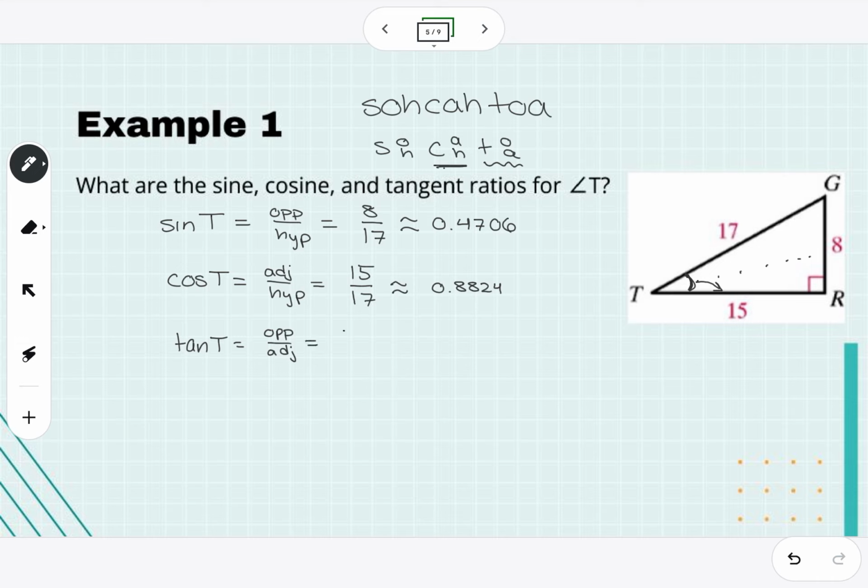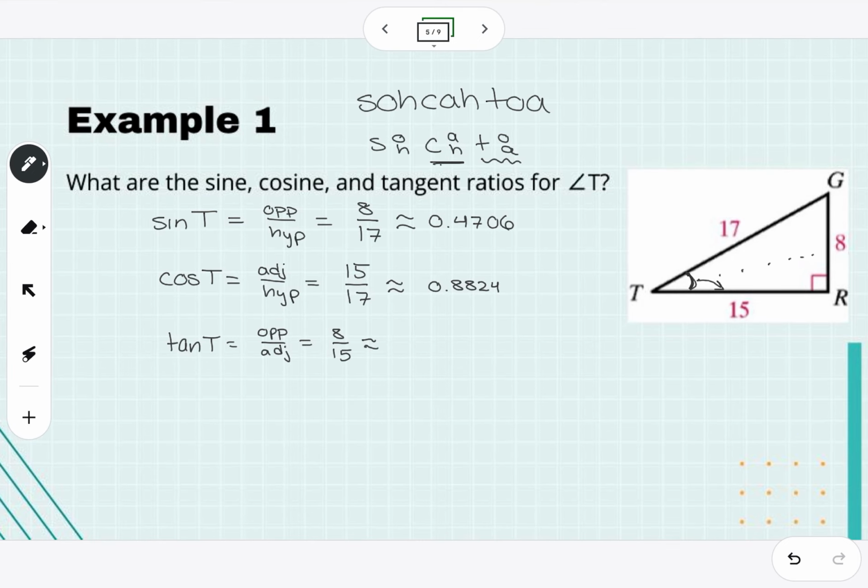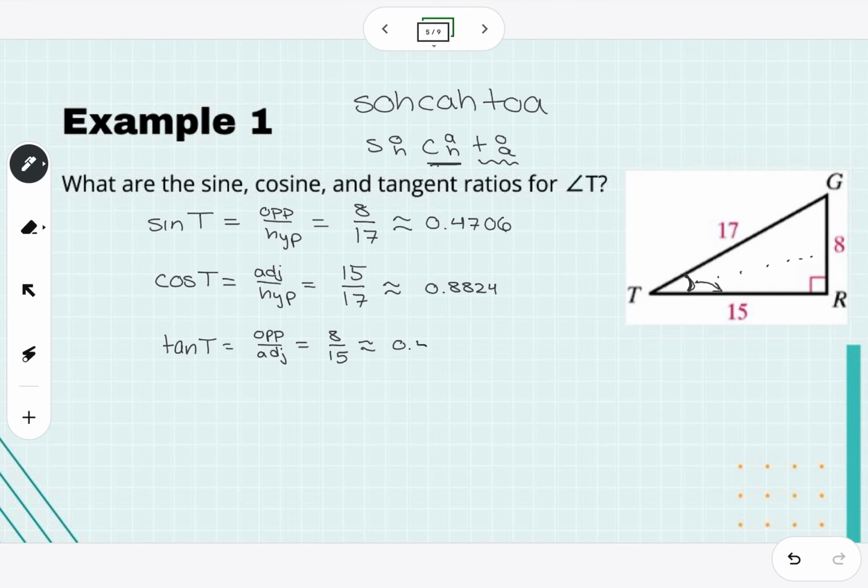Our opposite side we already said was 8. Our adjacent side we said was 15. Depending on how they're asking you for the answer, sometimes you'll just leave it in that fraction form, in that ratio. Here I'm just showing you both. If you plug that into your calculator, it'd give you 0.5333. And anytime you have a triangle with sides that are multiples of these numbers, you'll end up getting these same kind of simplified versions of this. Okay, so this is how you would find your different ratios for a particular angle.